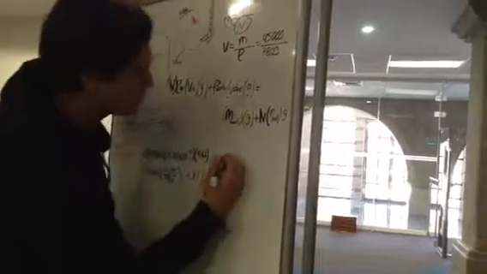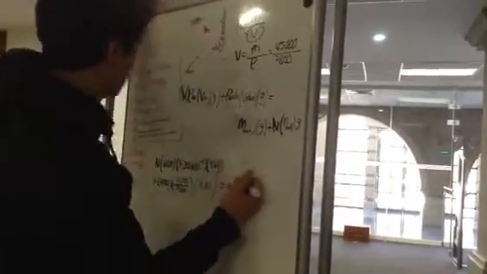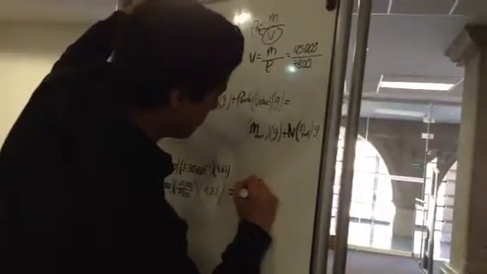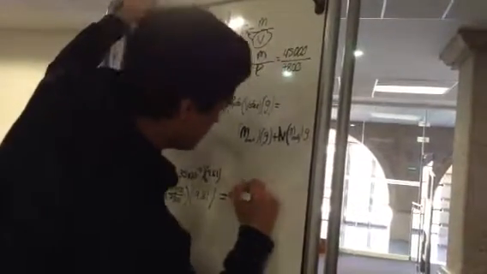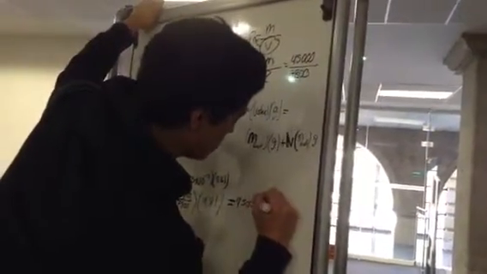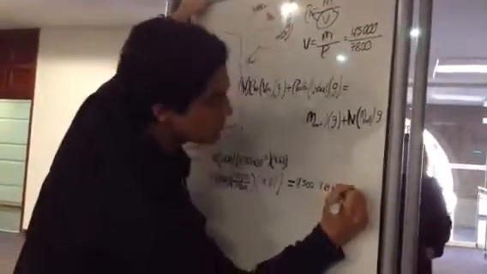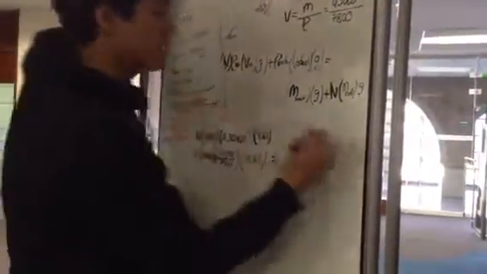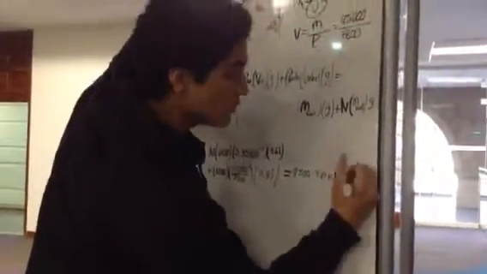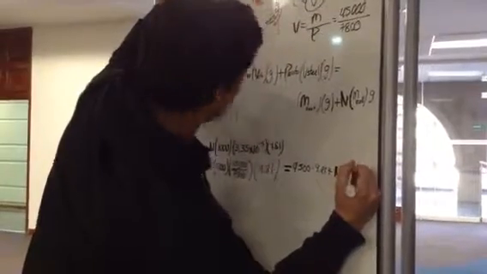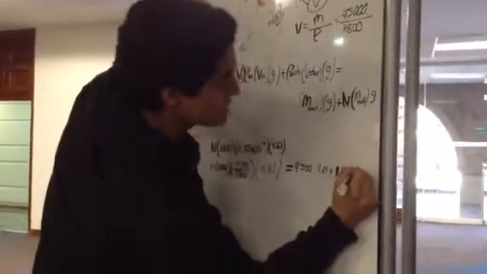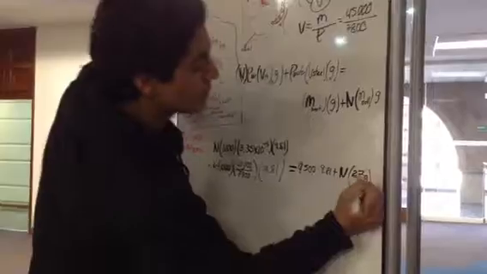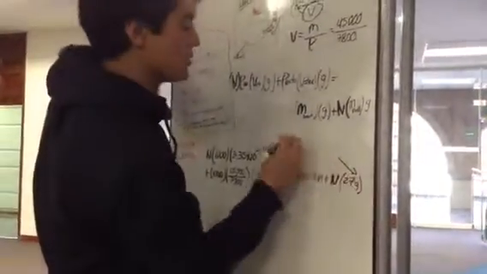and this should be equal to the mass of the boat, and it's 4,500, plus the number of balls times the mass of one ball, that is 2.7 grams, but we have to convert this into kilograms.